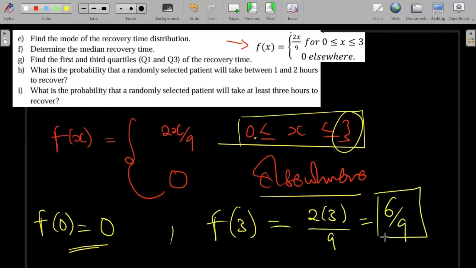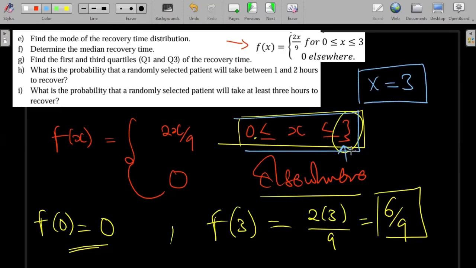So 6 over 9 is my highest probability. What value of x gives us the highest probability? That will be our mode. So our mode is x equals 3, because in this interval, x equals 3 gives us the highest probability, which is 6 over 9.